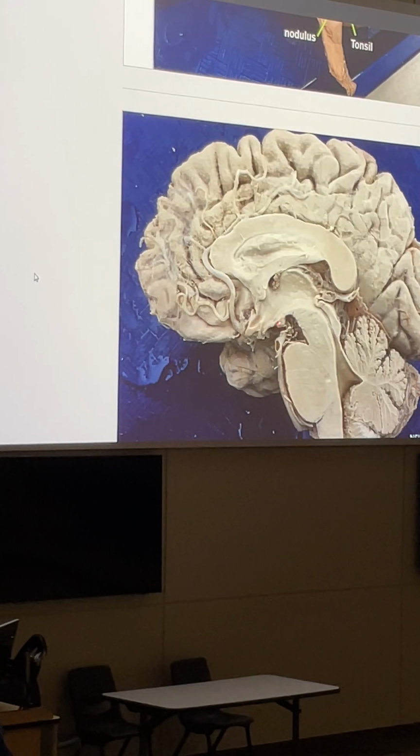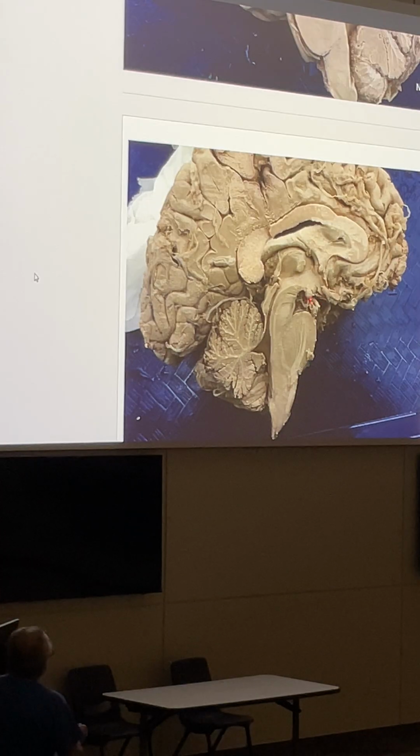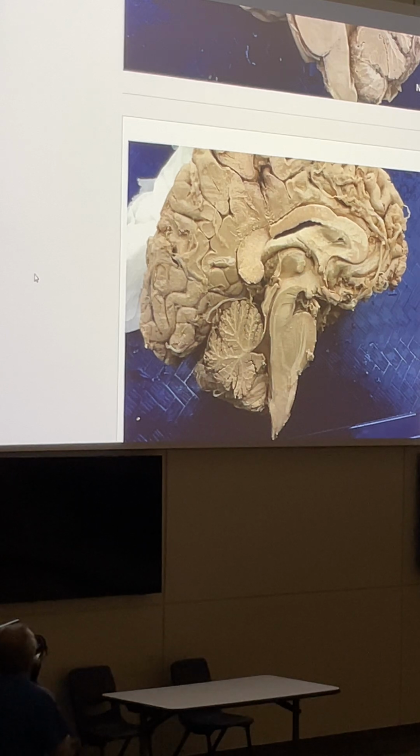What is this? Angular body. Same as here. What is this circle? The thalamic adhesion. What is this? What is here? Not here, but here. Posterior column.